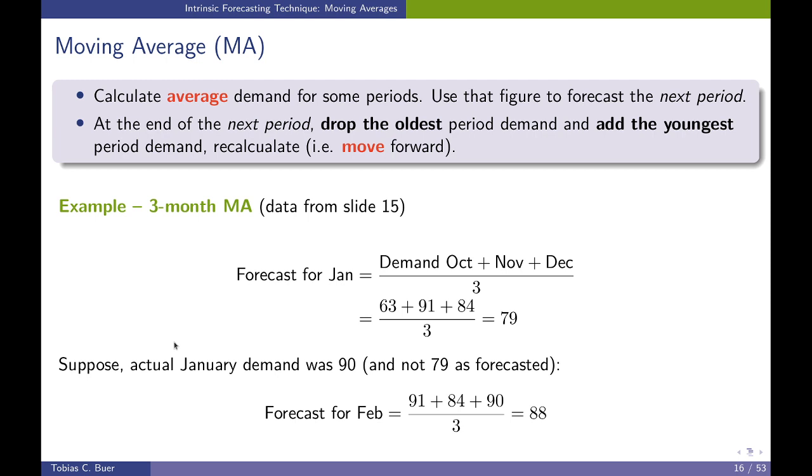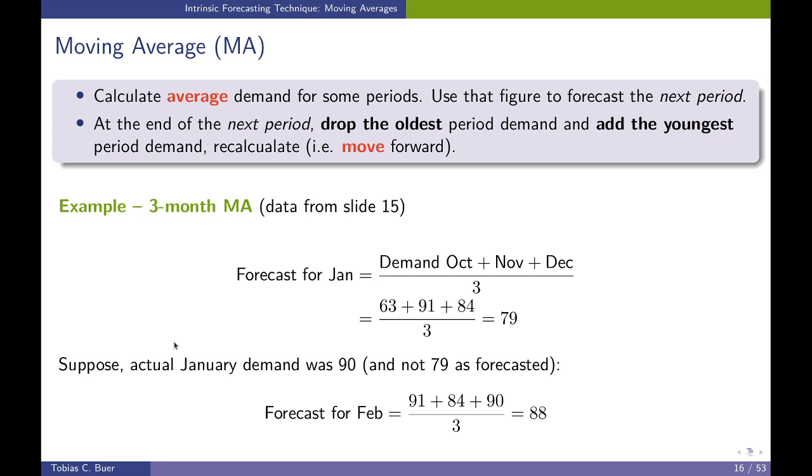Now, how does the name moving come about? If we want to calculate the forecast for February instead of January, we move the calculation by 1 month. That means we drop the demand for October, which was 63, and we include the actual demand of January. So we don't include the forecasted demand, which was 79, but we include the actual demand that we could observe.